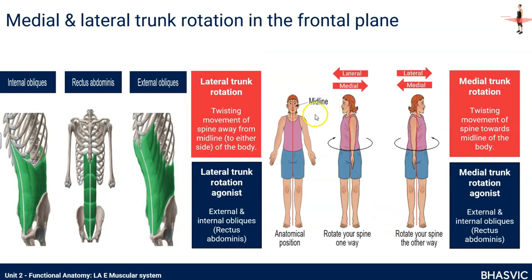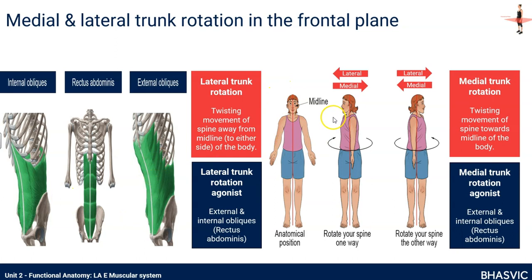Now, the diagram over here shows that from this anatomical position, if you rotate away from the midline towards your side, turn to the side, whichever direction you go, that is lateral rotation of the trunk or lateral rotation of the vertebral column. Again, it would probably be a combination of your oblique muscles and rectus abdominis that pulls you around to one side.